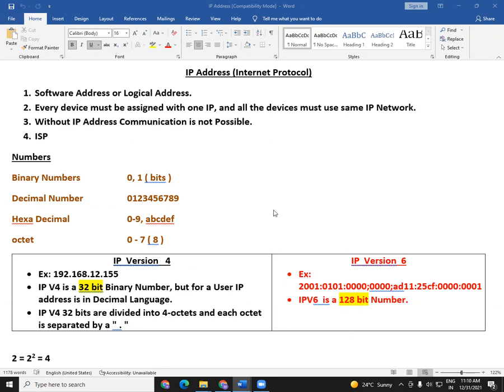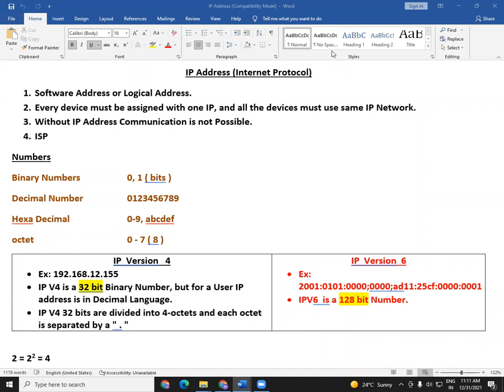Before we go into these versions, remember the numbers we have seen: binary numbers, decimal numbers, hexadecimal numbers, and octets. What are binary numbers? Binary numbers are zeros and ones. Binary is a machine language. Whatever we do in a computer or any machine, the machine will understand that in binary form only.